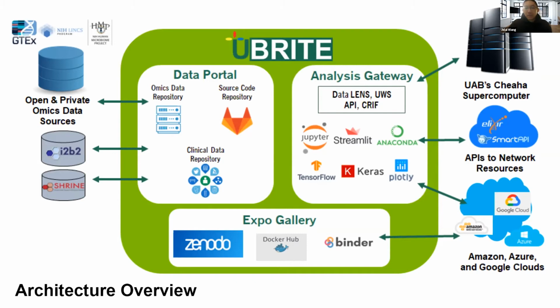But regardless of what a team ends up choosing, what we try to do with U-BRITE is assemble these tools, and that includes tool building frameworks like Streamlit and Jupyter, but also libraries of data science and AI and machine learning and visualization libraries, and try to make sure they run well within the commons.